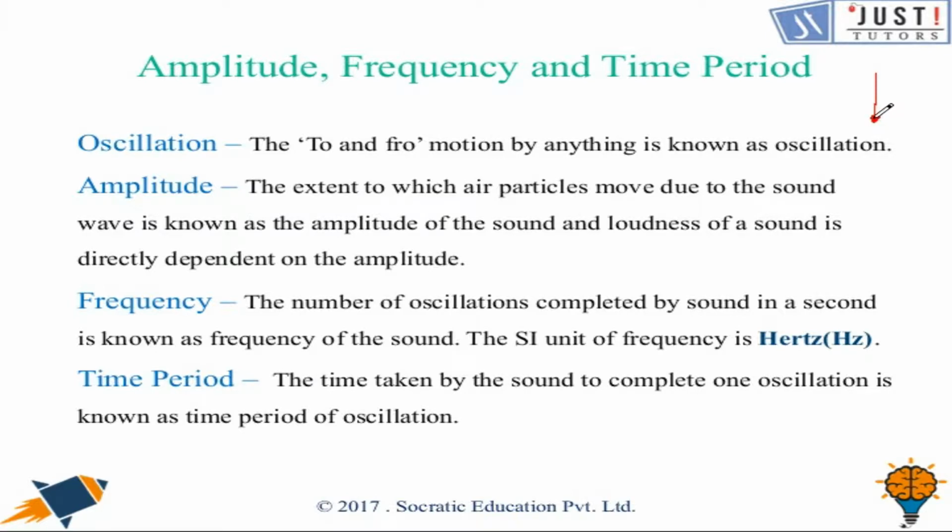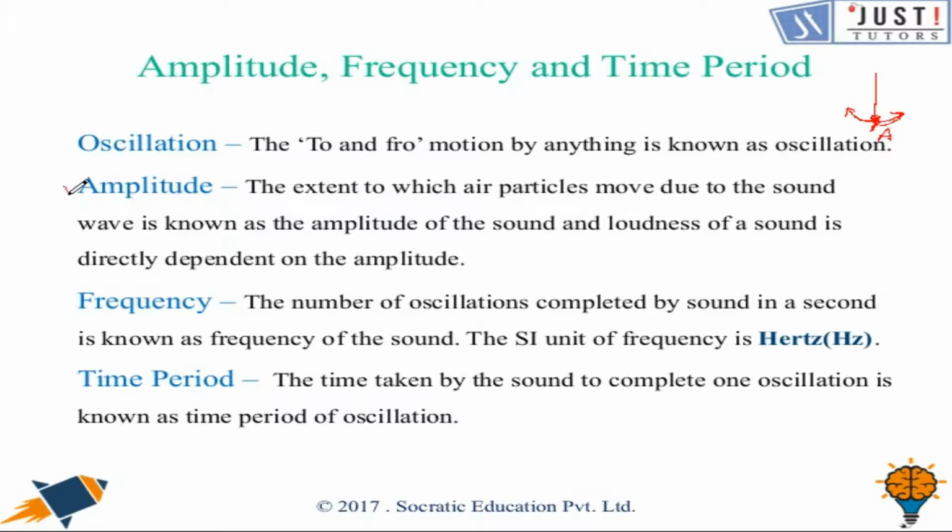I hit it and it goes up to this point, and the same distance it covers from here to here, and again goes there and comes back to here. When it starts from the same point and ends at the same point, the one whole movement or the distance it covered is to and fro motion.